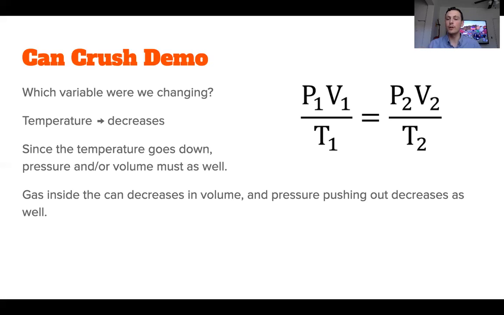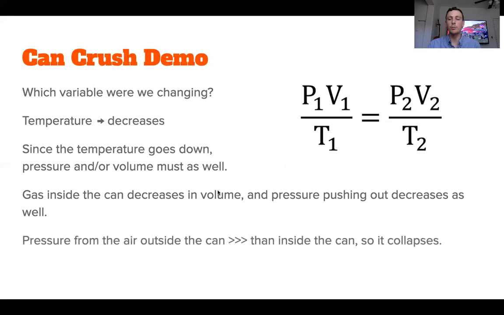Whereas there's what we call atmospheric pressure, which we're experiencing all the time, which is the gas molecules in the atmosphere running into us, right? The air that we're interacting with every day. So because the gas inside the can, the pressure and the volume go down very quickly, the pressure from outside, from the air molecules hitting the outside of the can, is much, much higher than the pressure pushing out from our can.